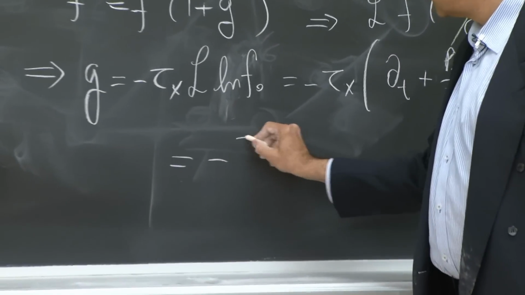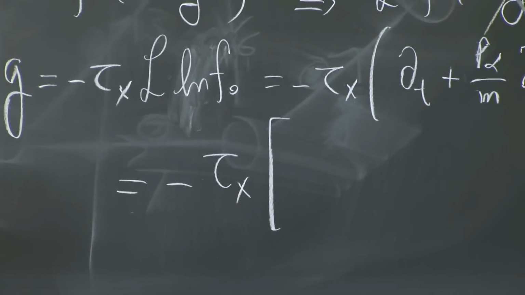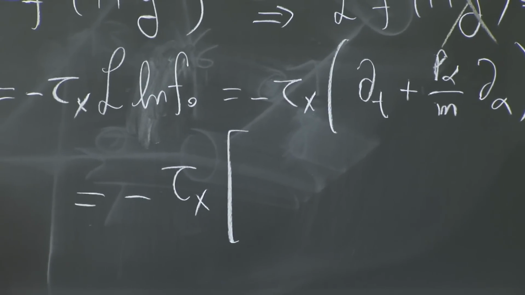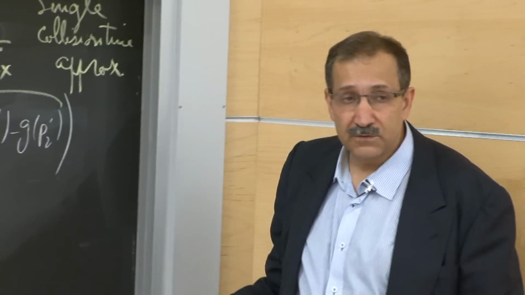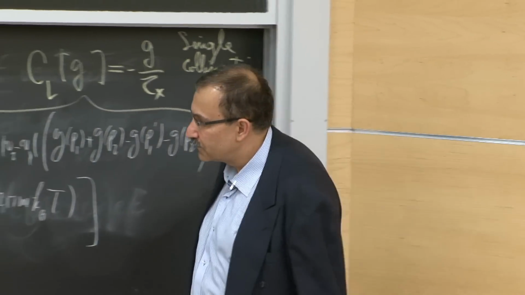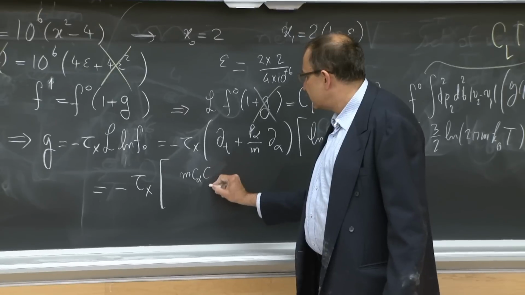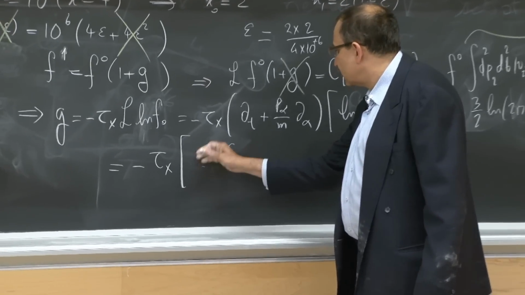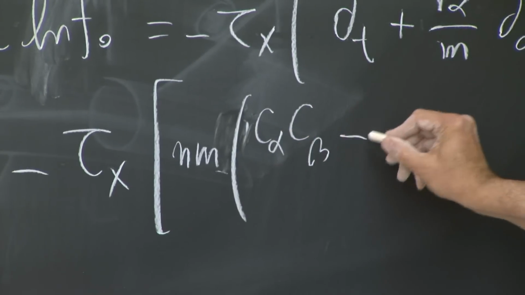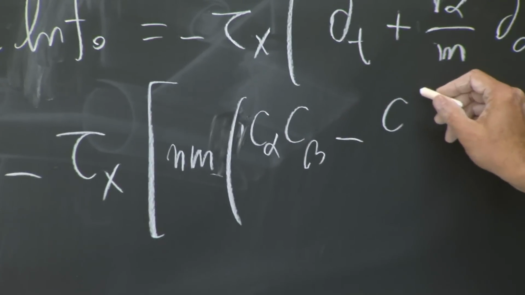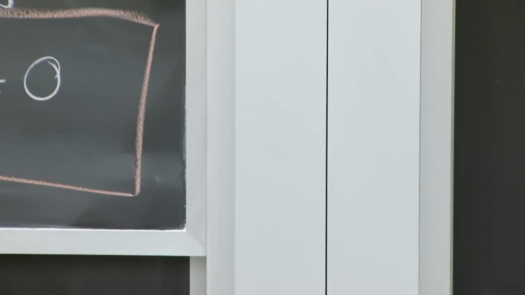So the answer becomes minus tau_x. Once you do all of these derivatives and take advantage of the equations that you have written before, so there is some lines of algebra involved, the final answer is going to be n m c_alpha c_beta.